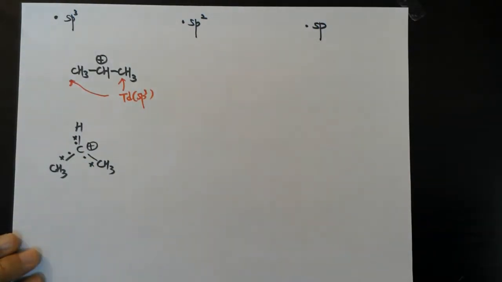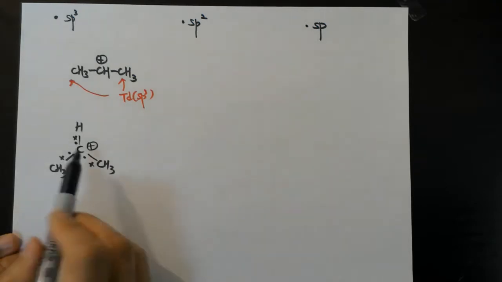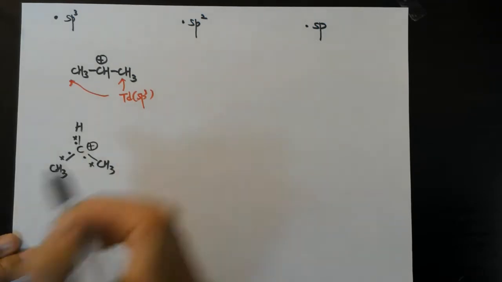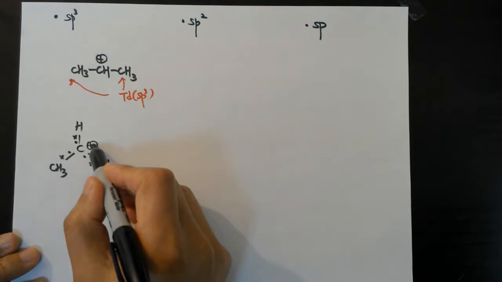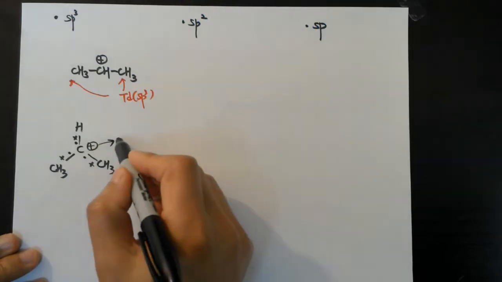No more lone pair, no more sigma bond. Obviously, there is no double bond, but you know, a double bond is just made by the p orbital, and in this case, the p orbital is empty. There is no more electron.